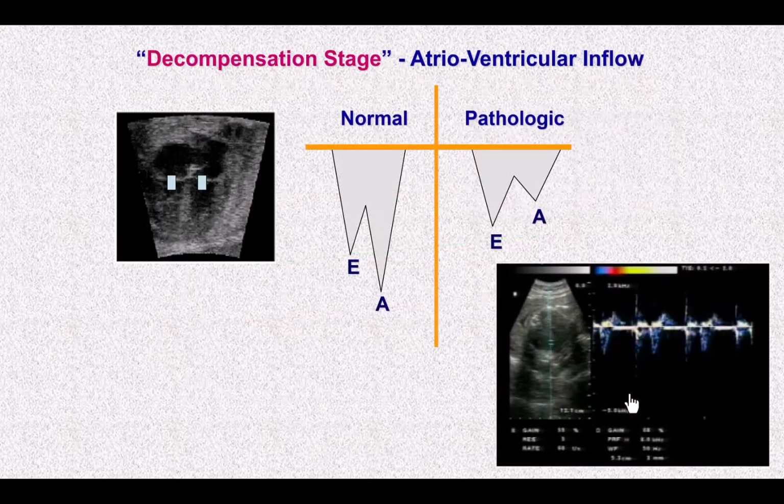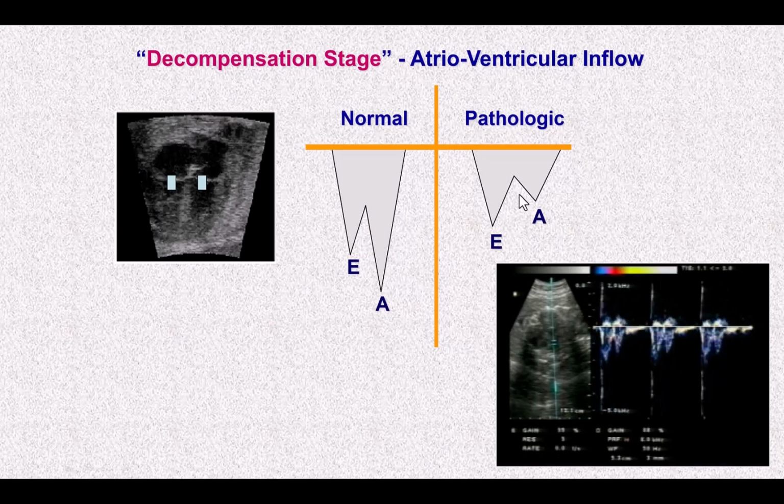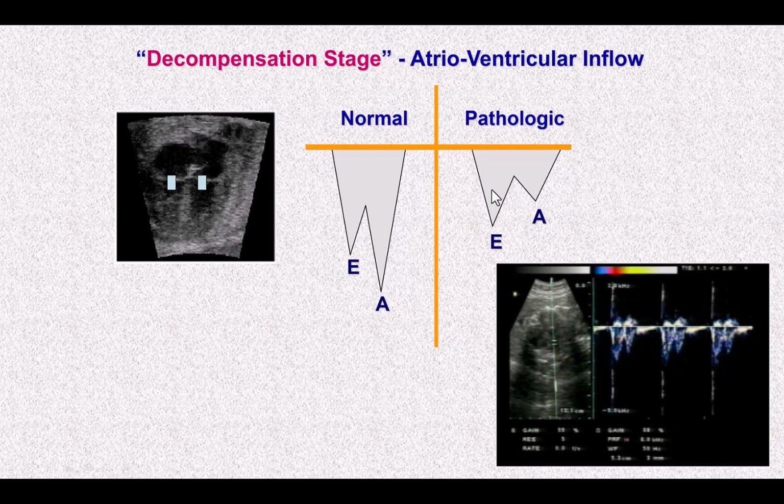If we look at the atrioventricular inflow, we can see that there is a reduction in the forward flow, but the reduction is particularly evident in the A phase, that is the active phase produced by the contraction of the atrial myocardium.